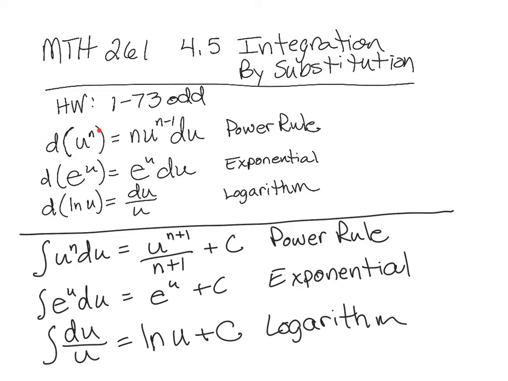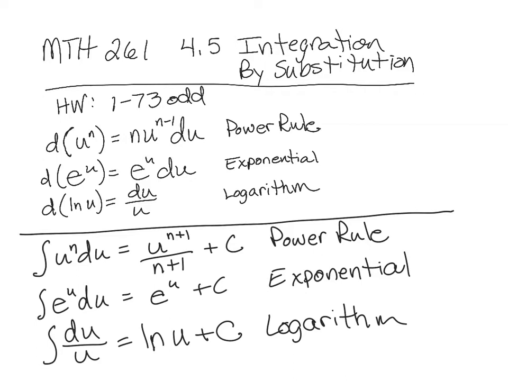When you take the derivative of blob to the power, you multiplied by the power and subtracted 1 from the power. But don't forget that you have to chain rule that derivative of the u, the blob. It's all about the derivative of the blob when you're doing chain rule, whether you're going forward or backwards.